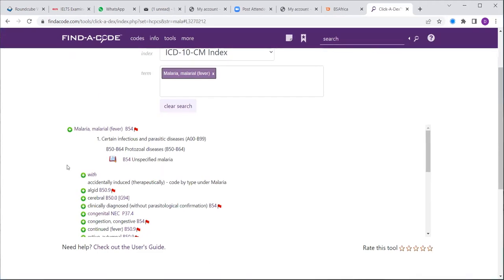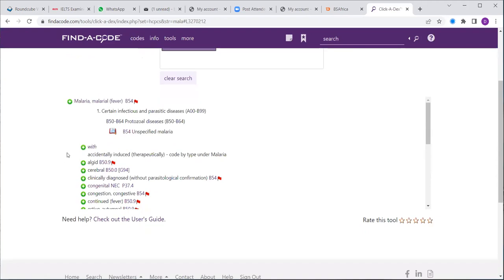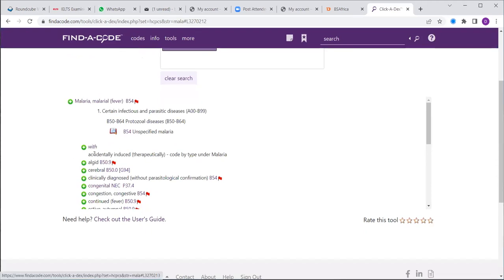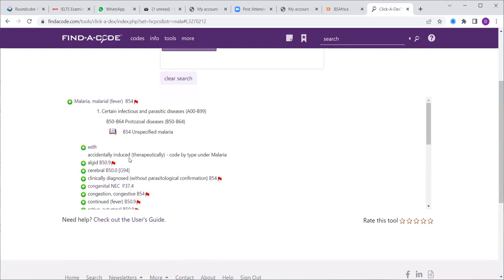Okay. But there can be other forms of malaria, malaria with accidentally induced or therapeutically induced malaria. You can get malaria as a result of taking a medication. It's not just mosquito bites that result in malaria.